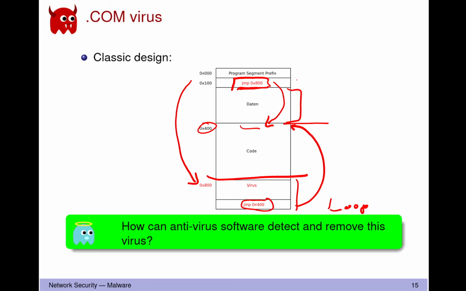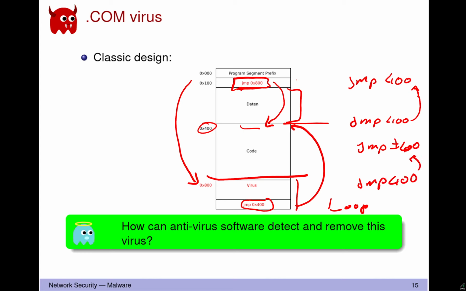But maybe in combination with jumping first to a very high point. So it would be okay if you jump to 400 and at the end you jump also to 400. That would be fine for a regular one. But if you jump somewhere else than 400, and at the end you jump back, that could be a pattern. I mean, it's a very simple setup.